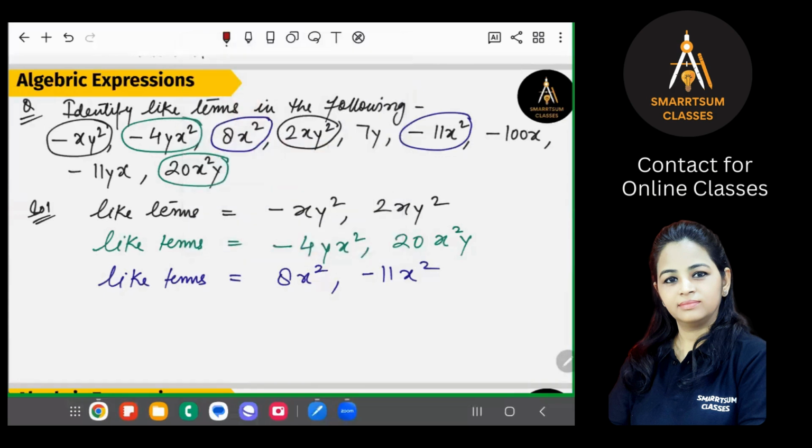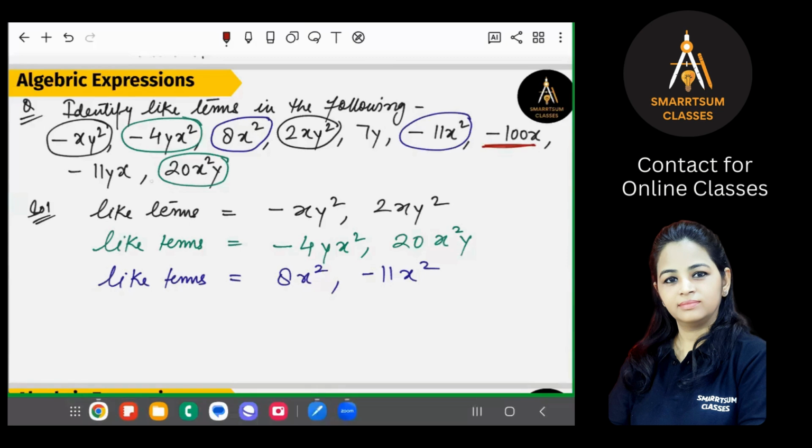Now come to the next one. We have here 7y. So the literal factor is y here. Is there any other y term? No, we don't have any other y term. Yes or no? So we can leave this, because we do not have any other y term. Then minus 100x. Is there any x term here?